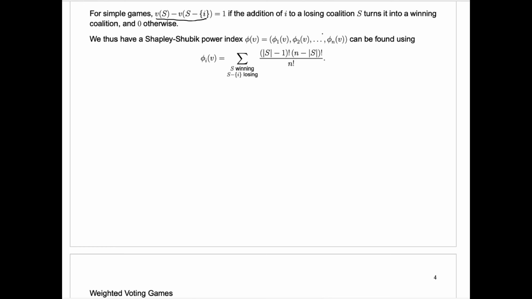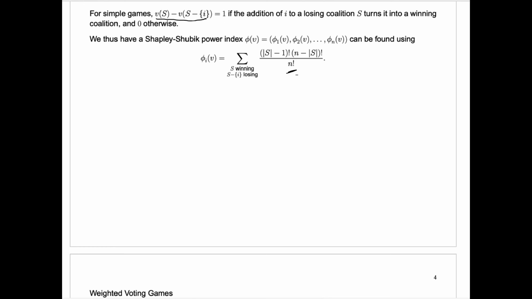We can find the formula for phi sub i of v as follows. 1 over n factorial comes from averaging over the n factorial different orders. The size of S, if S is a winning coalition where S minus the set {i} is a losing coalition, the size of S minus 1 factorial is the number of ways to order that losing coalition, S minus {i}, the players that came before player i.